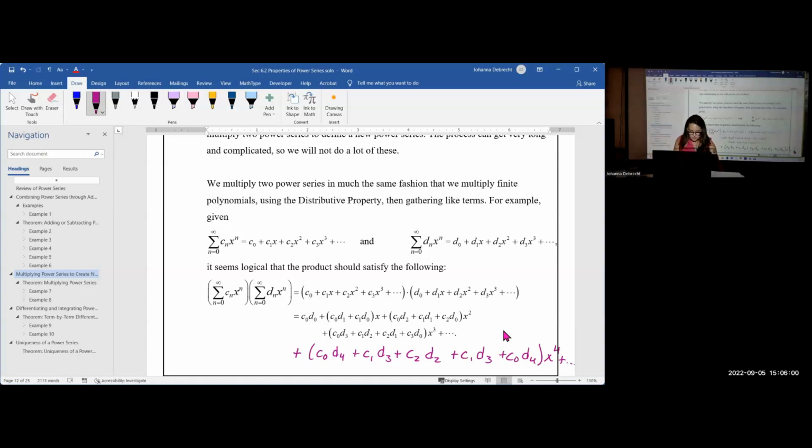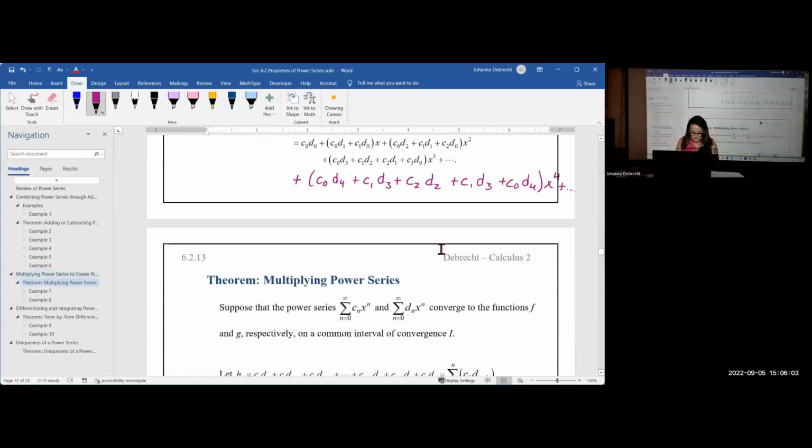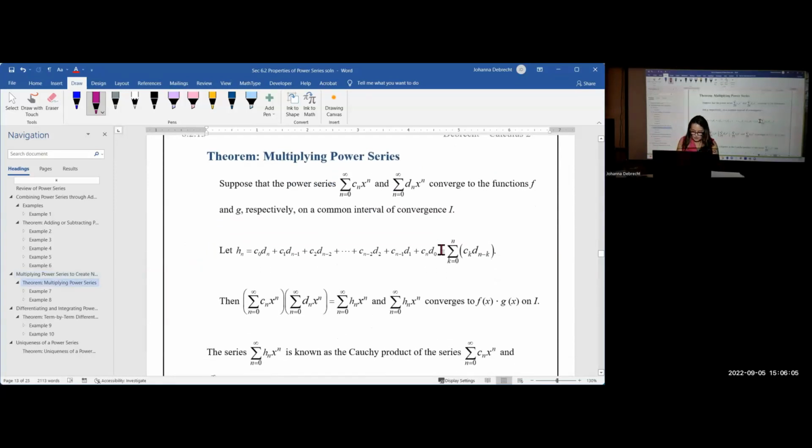So what we want to do is create, in essence, another function, another series based on those coefficients. It's not a power series because it doesn't have x raised to a power, but it is a series. So again, we're starting with two known power series that converge on some common interval of convergence.